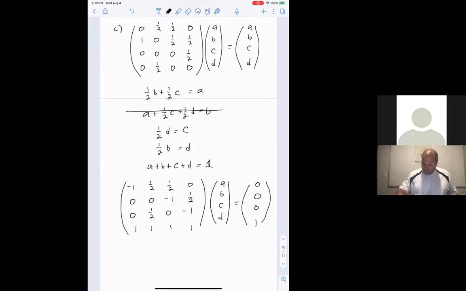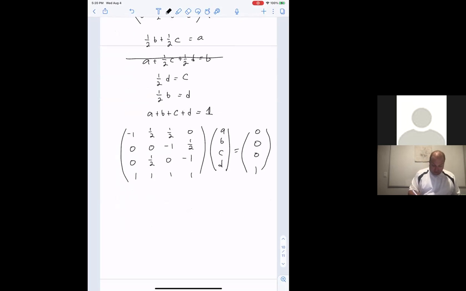Okay, so matrix edit 4 by 4: negative 1, 0.5, 0.5, 0; 0, negative 1, 0.5, 0; 0, 0.5, 0, negative 1; 1, 1, 1, 1. So that's matrix B, which I'm going to inverse and multiply by this other one that I already have there.